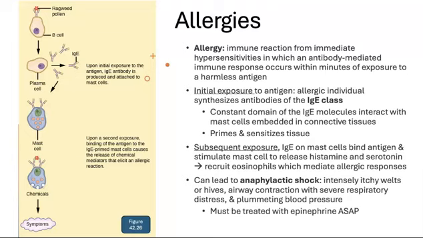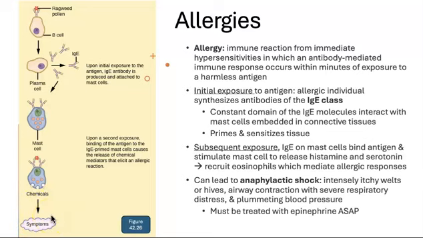This class typically mediates the immune response to parasitic worms, but we also know that they play a role in allergic reactions. So that constant domain is going to interact with our mast cells, which are embedded within our connective tissues, that can then secrete chemicals that could cause symptoms.